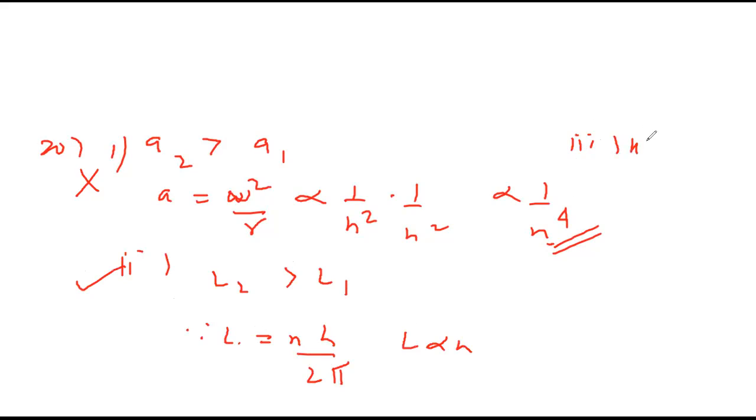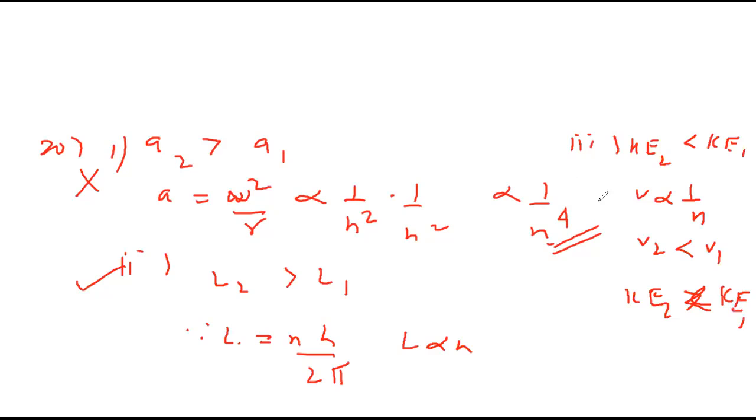Kinetic energy in second orbit is less than kinetic energy in first orbit. Velocity is inversely proportional to n. So v2 will be less than v1. Therefore, kinetic energy in second will be less than kinetic energy in first. Third is also correct one. So option 2 and 3 are correct.